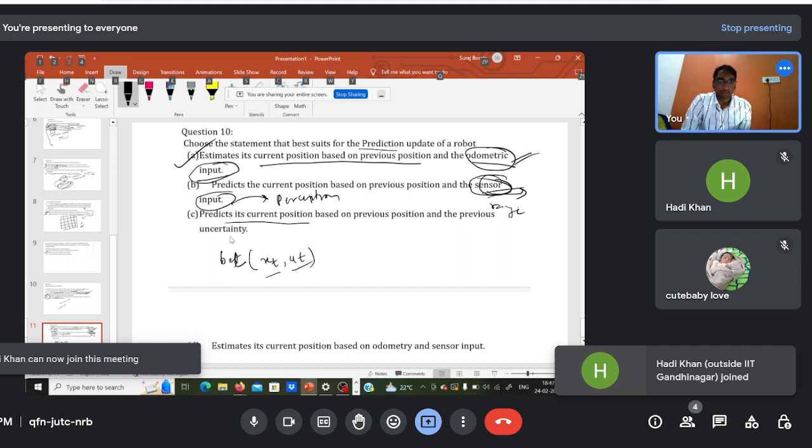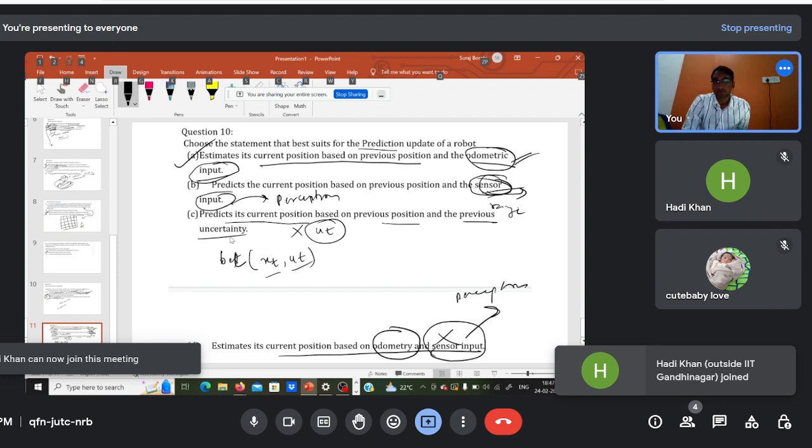Predicts its current position based on previous position and previous uncertainty: no, you also need u_t, the command. Estimate its current position based on odometry and sensor input: odometry is right, but not sensor input. Sensor input is required in the perception update.